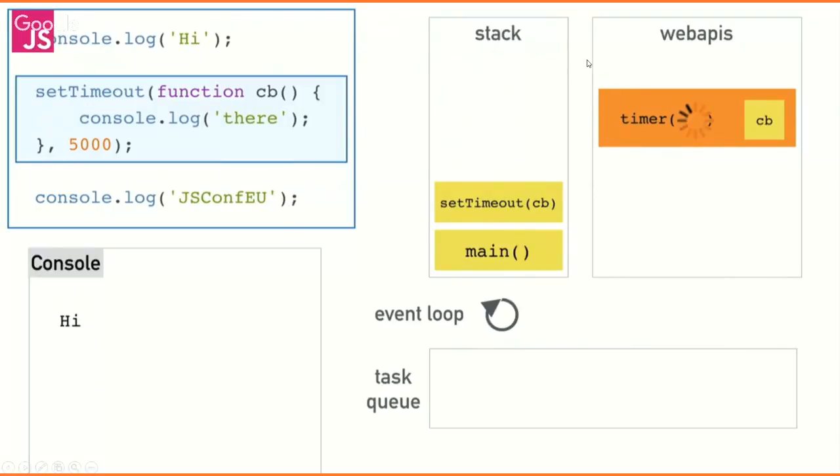So essentially, the web APIs allow us to proceed with the code's execution and put the next console log on the stack, print the message, and remove it from there.